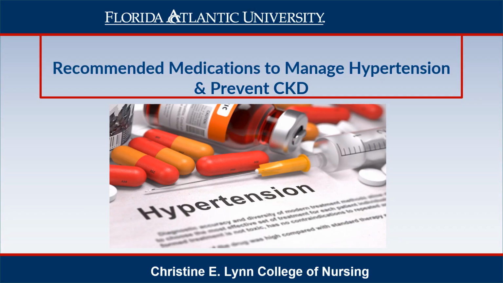Medications for hypertension management. Angiotensin converting enzyme inhibitors, or ACEs. Examples include lisinopril or enalapril. These drugs reduce blood pressure and provide renal protection by decreasing intraglomerular pressure and reducing albuminuria. The benefits of these drugs slow progression of diabetic nephropathy and improve kidney function.